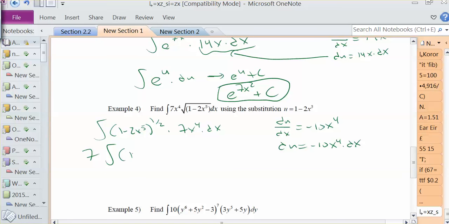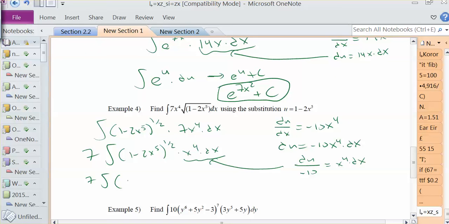So now I have this. And if I divide both sides by negative 10, I see that I could replace x to the 4th times dx with du over negative 10. And 1 minus 2x to the fifth is u.